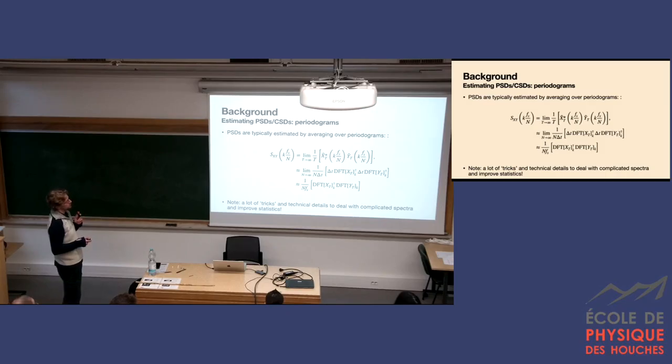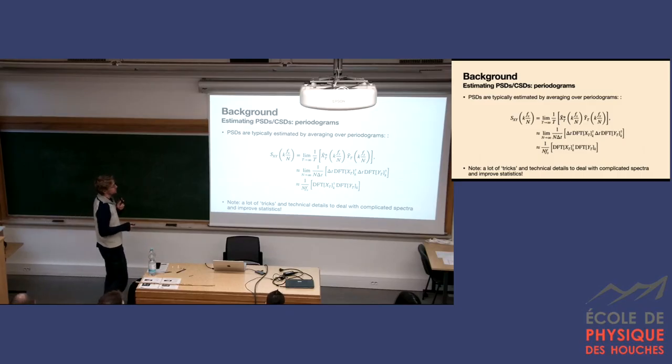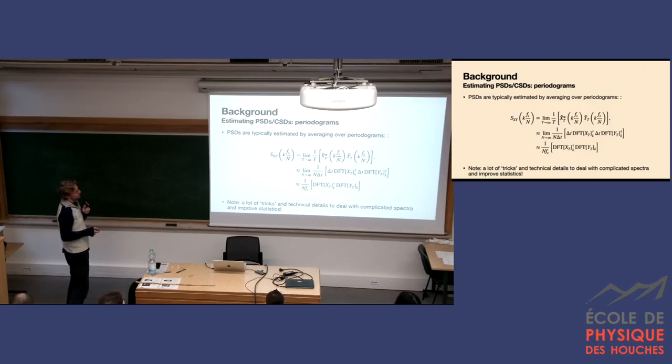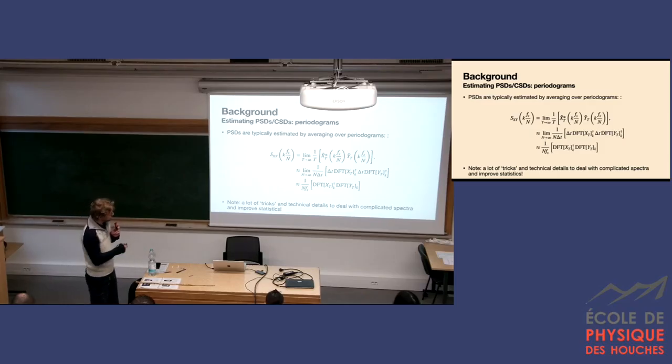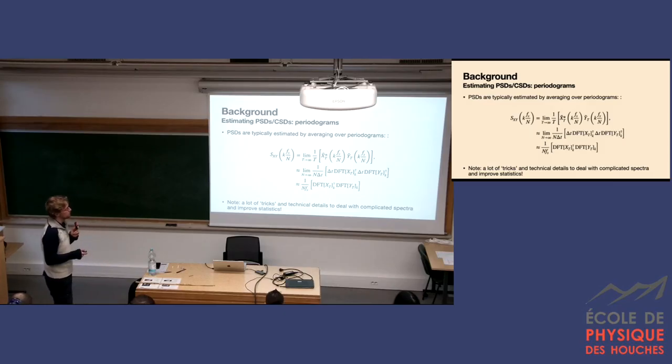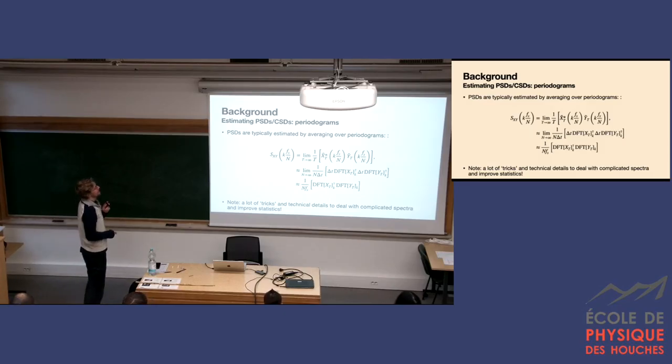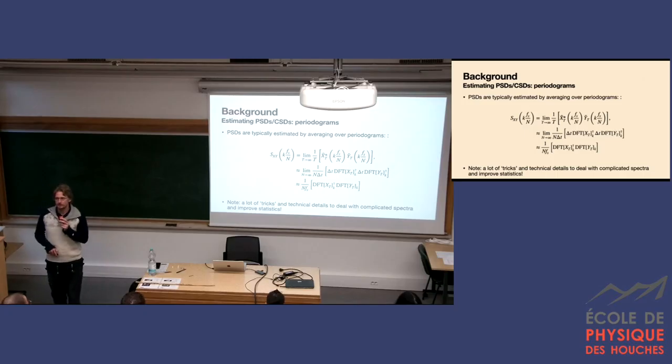The total time is just your total number of samples times your time step. The delta t's cancel out, and what you're left with is the product of your discrete Fourier transforms normalized by number of samples times the sampling rate. And that's essentially what's being computed if you compute a spectrum with SciPy or whatever, except for a lot of tricks and technical details I will not go into detail, because then this lecture would take a lot longer.